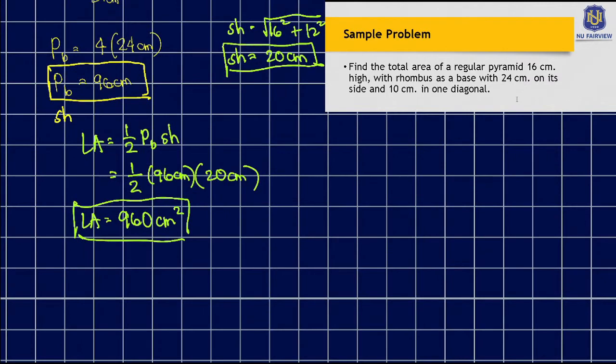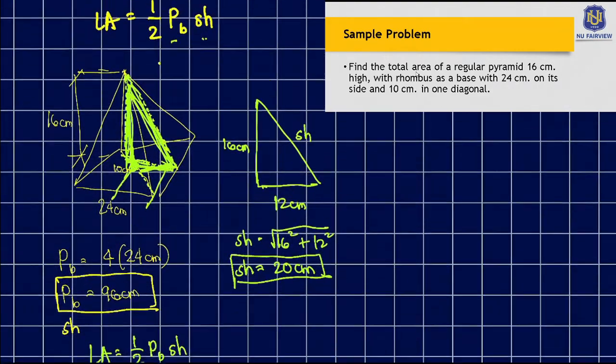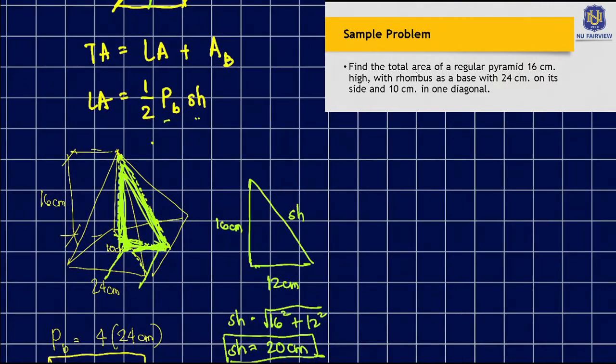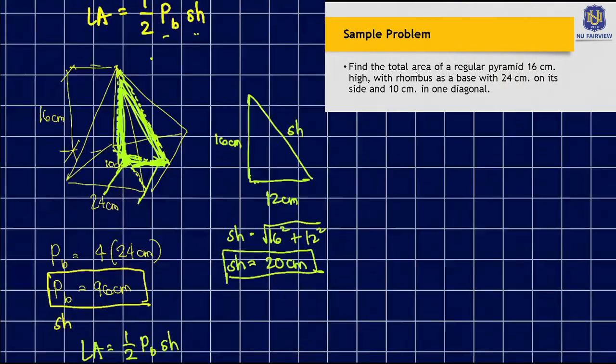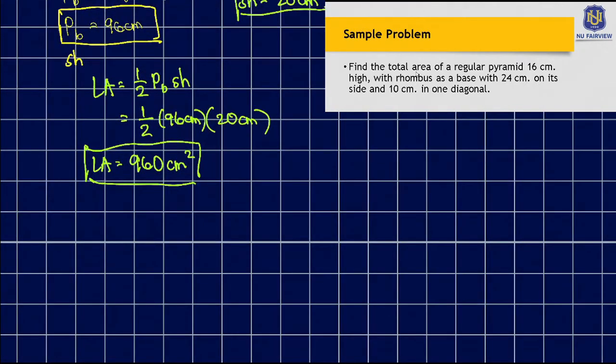Kasi, ano nga pong kailangan natin? Total area. So, to compute for the total area, ano nga formula natin from here? So, that is lateral area plus area ng inyong base. We have the lateral area, pero hindi natin alam kung ano ang area ng base.